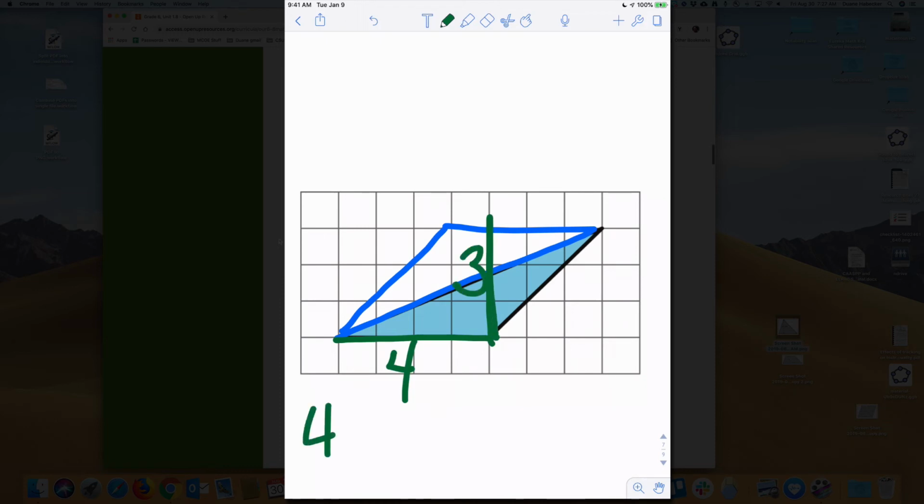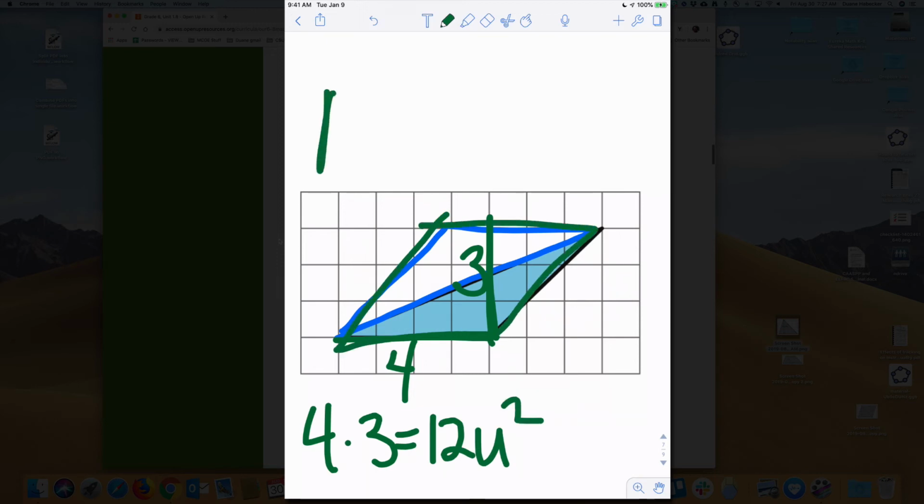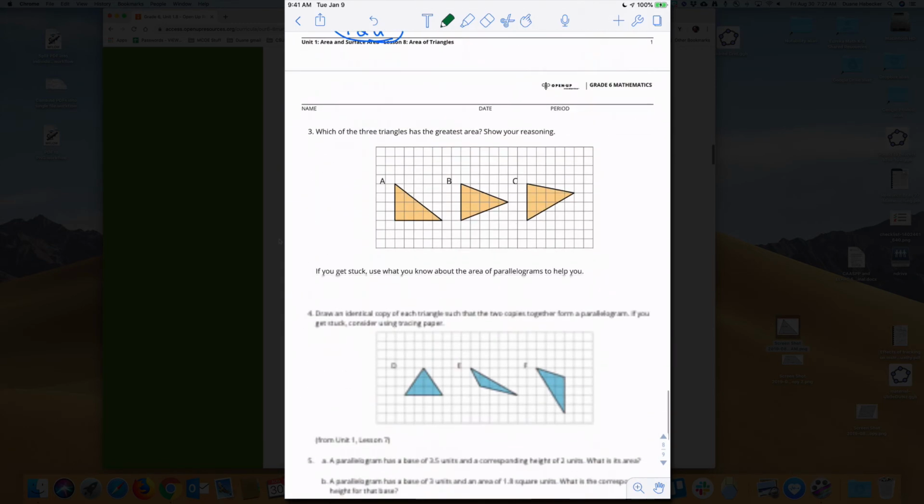So 4 times 3 is 12. So the parallelogram is 12 square units, which means the area of the triangle is 6 square units, because we have to divide by 2.